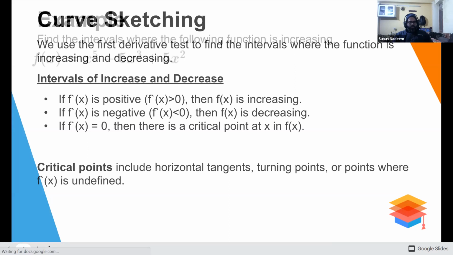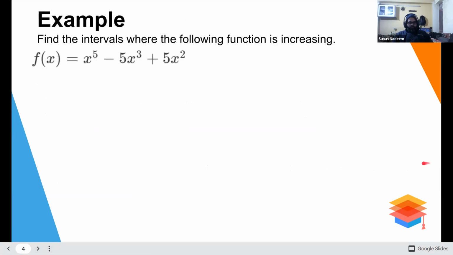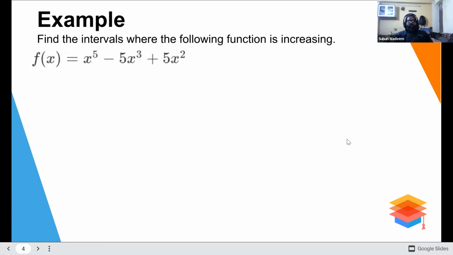This is the intervals of increase and decrease that you remember now. Yes, sir. So you have to differentiate them: for decreasing, less than 0; for increasing, greater than 0.